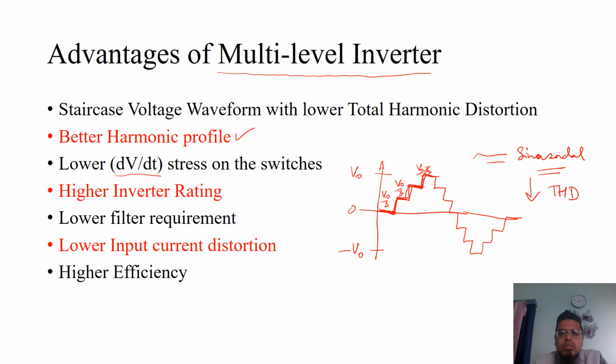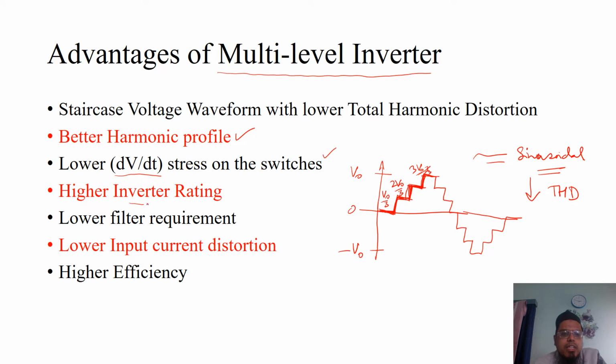So the movement is from 0 to V0 by 3 and then from V0 by 3 to 2V0 by 3, and then to 3V0 by 3, which is V0. So the stress appearing across the switch would be much less as the number of levels increases. That is one of the advantages.